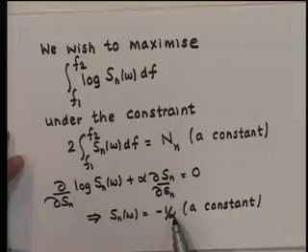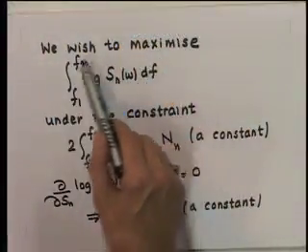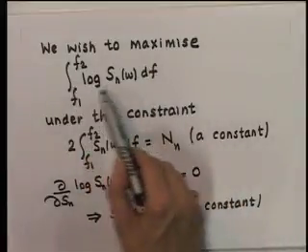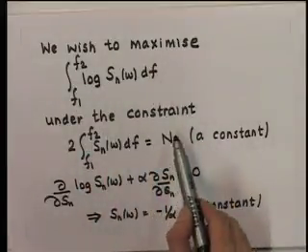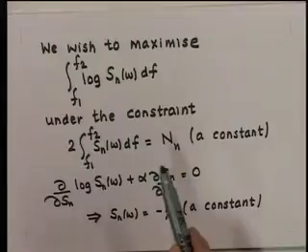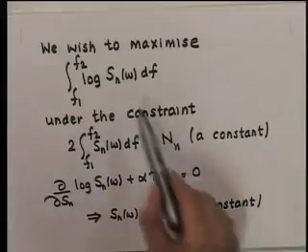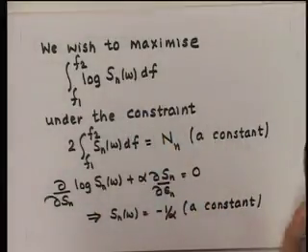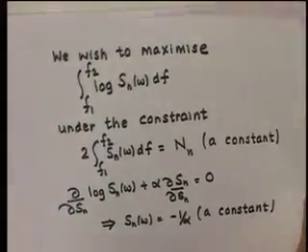So, this term turns out to be a constant. Thus, we have shown that for a noise with a given power, the integral is maximum when the noise is white. This shows that the white Gaussian noise is the worst possible kind of noise.